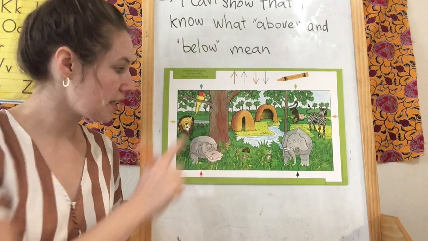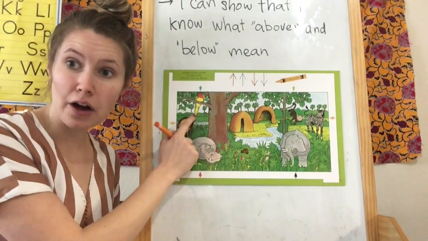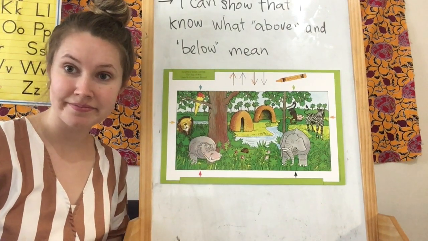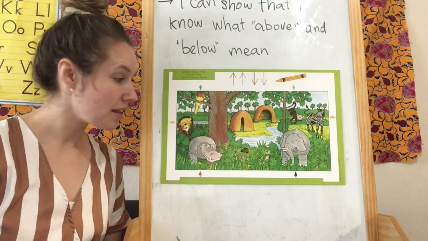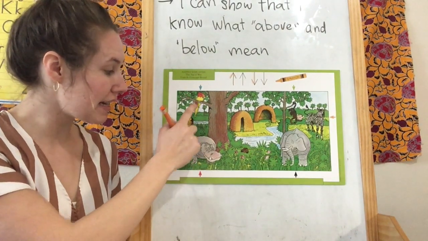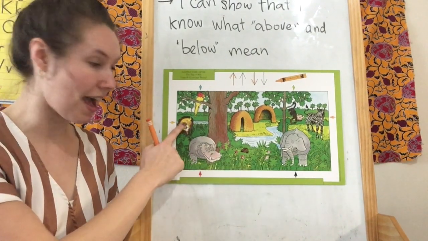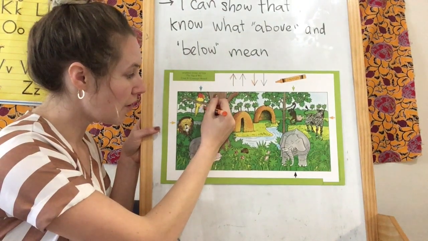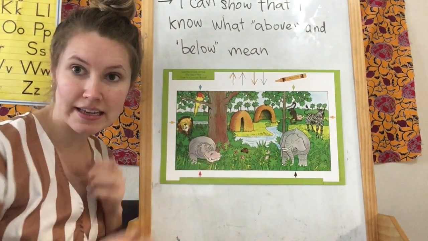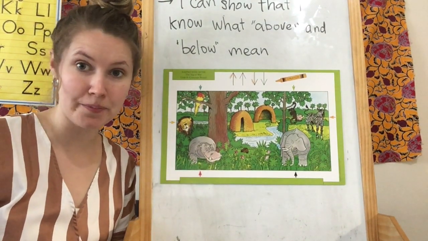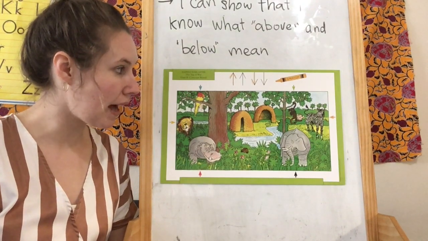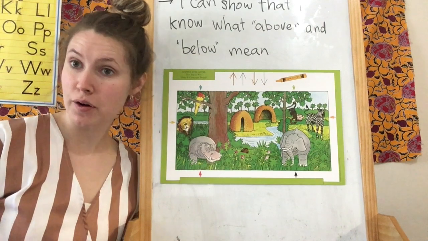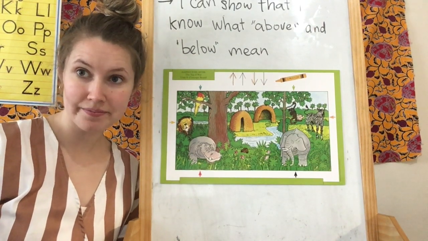What about the parrot? How could we use above or below to talk about the parrot? We could say that the parrot is above the lion and the hippo. So I'm going to draw an up arrow also by the parrot because he is above the lion and the hippo. What about the elephant?